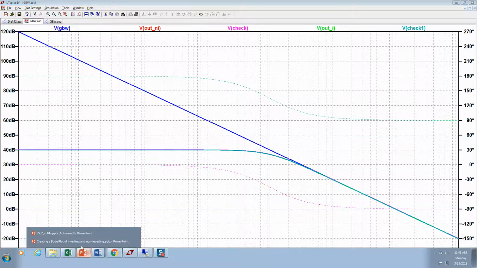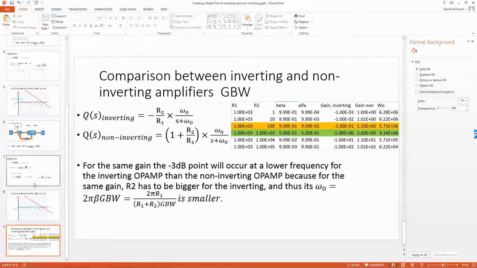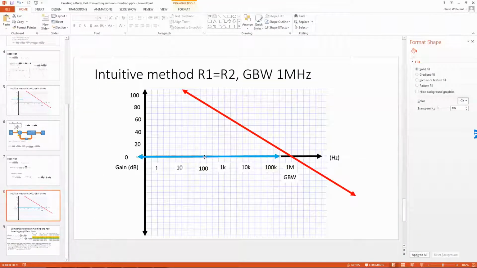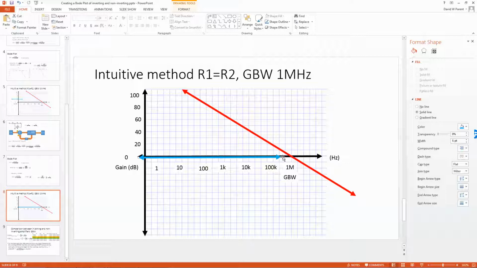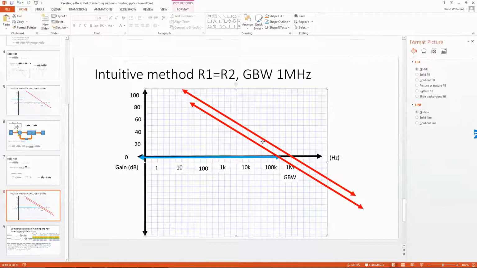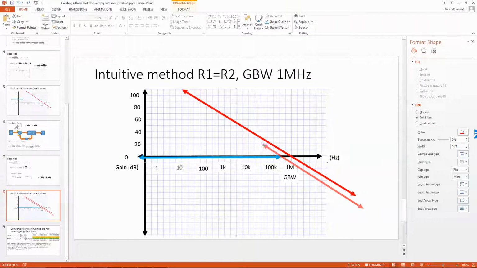That's why when we go back here, even though in reality we're getting this at higher frequencies, we're getting this.